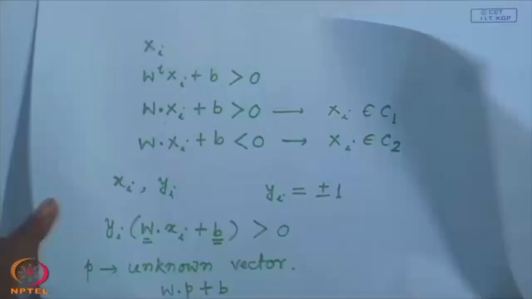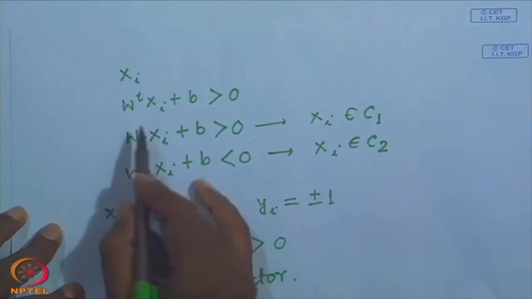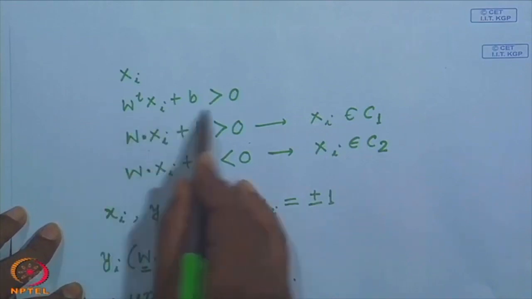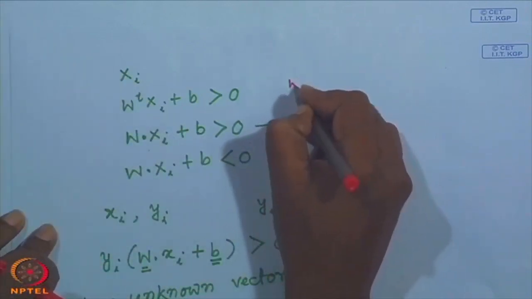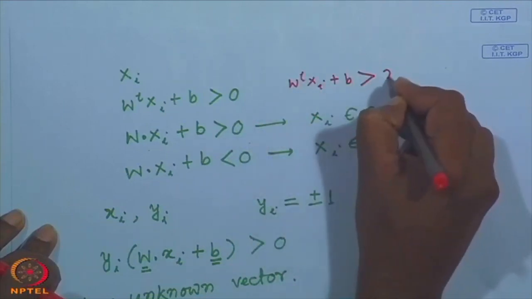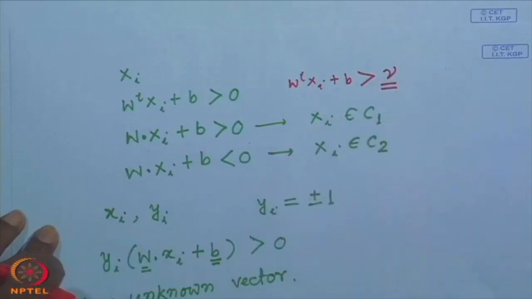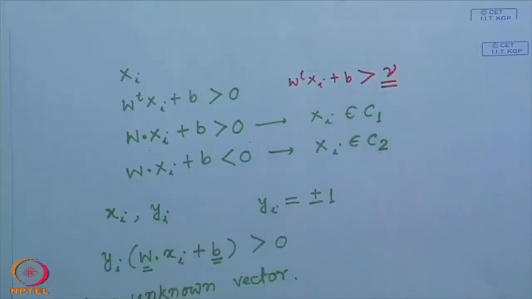To do that, we have made a modification in our linear classifier design: instead of considering W transpose x_i plus b to be greater than 0 for correct classification, we want W transpose x_i plus b to be greater than some gamma, where gamma is the margin. And this margin is nothing but a measure of distance of x_i from the separating plane.